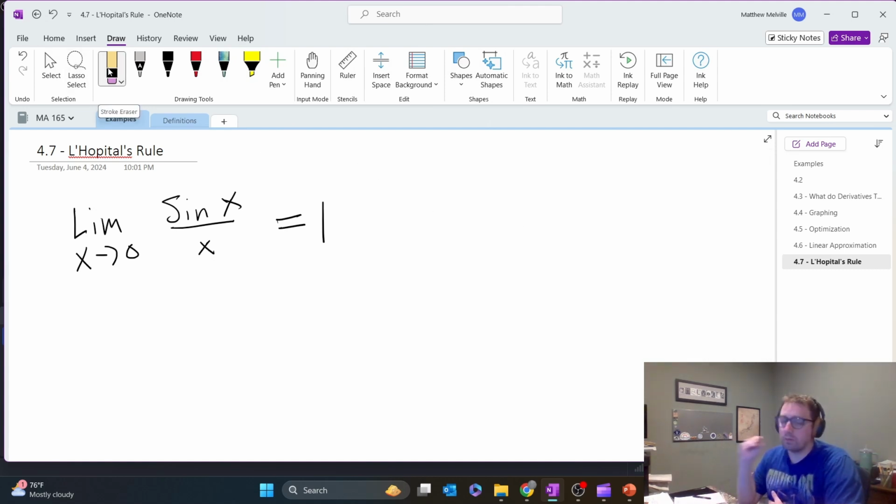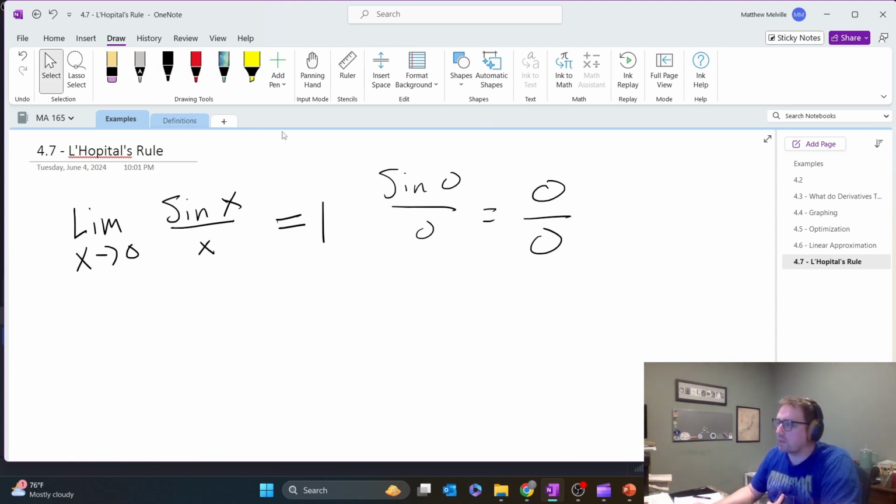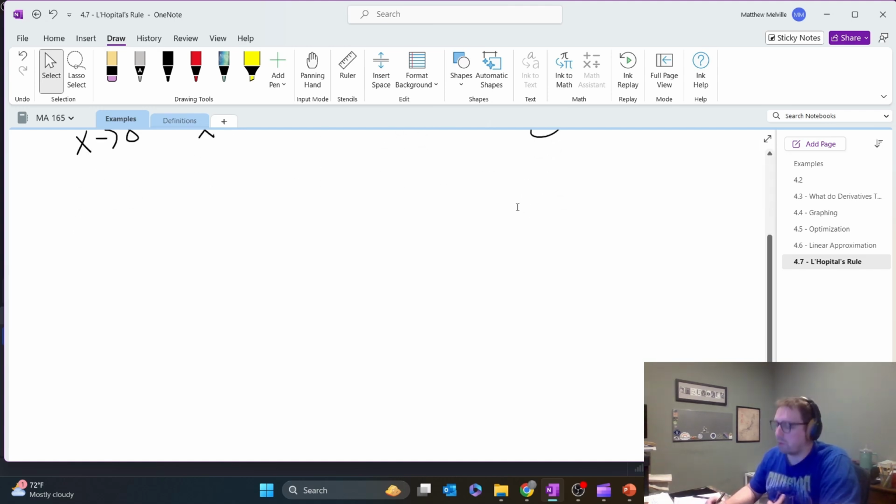We know that this limit exists based on what we've done before with graphing and looking at it from both sides. But if I plug in 0, like we can with polynomials, then you're going to see that we get the sine of 0 over 0, which gives us this form of 0 over 0, which we can't do anything with. It doesn't help us because I'm dividing by 0. So people who are smarter than I did before came up with a way that we can evaluate this.